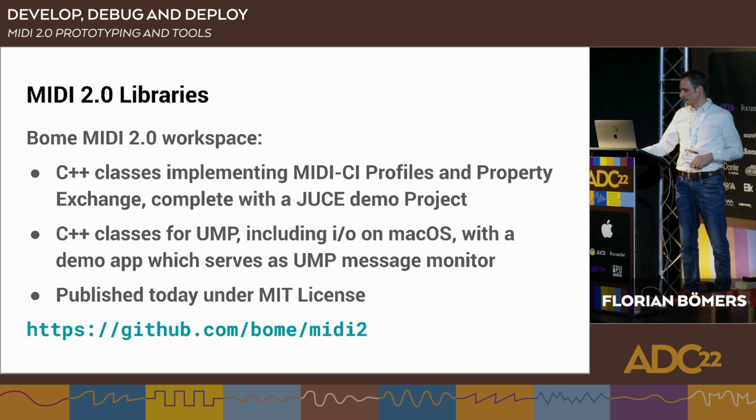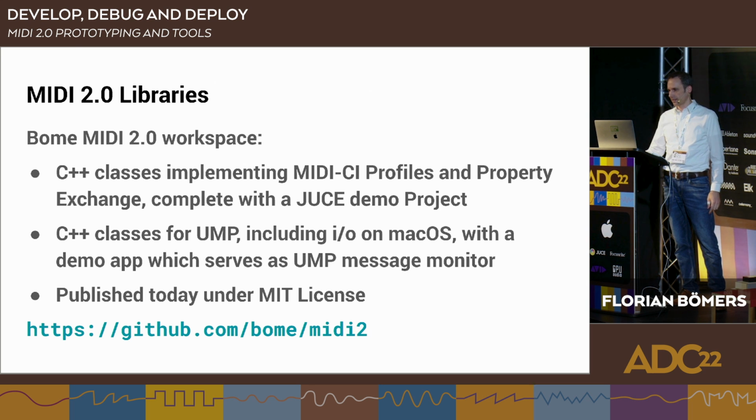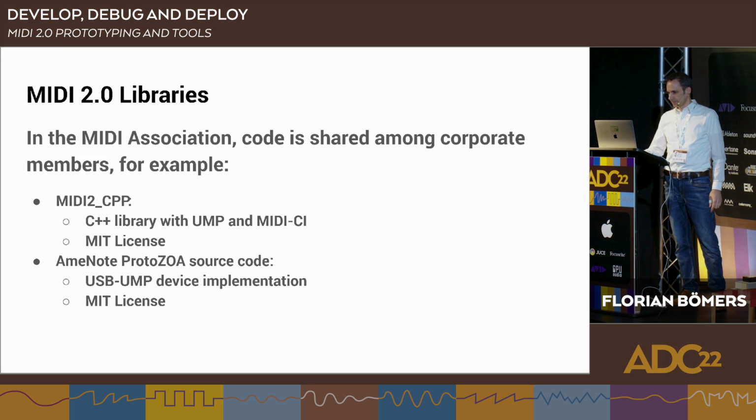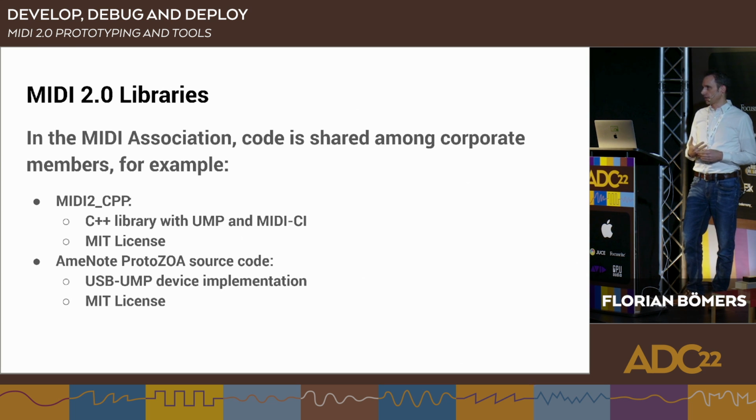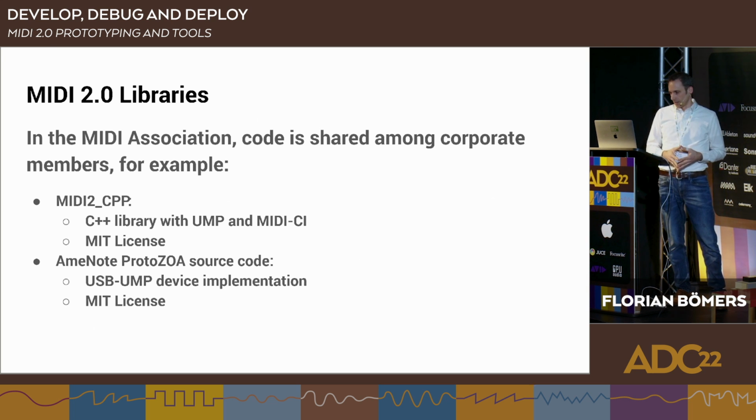All that is published under MIT, so free for everyone, basically. In the MIDI Association, we also have a closed private repository space where we share code. So for MIDI Association members, there are some more options to exchange code, to discuss, and to start development.